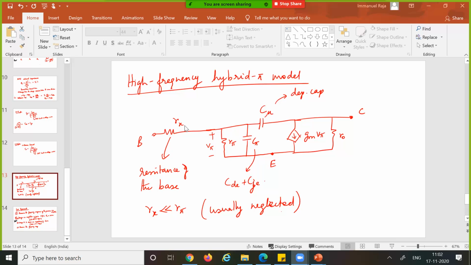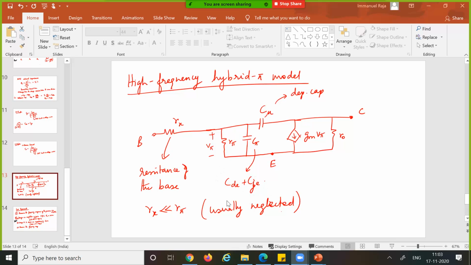In last class, we were looking at a high frequency hybrid pi model, and we looked at the two capacitors here. C pi had two components, CDE and CJE. CDE is because of the charge which is stored in the base region, the minority charge carriers in the base region, and CJE is basically the capacitance due to the depletion region.